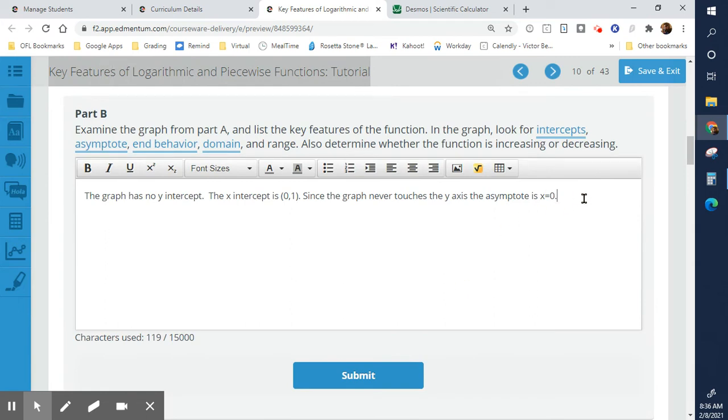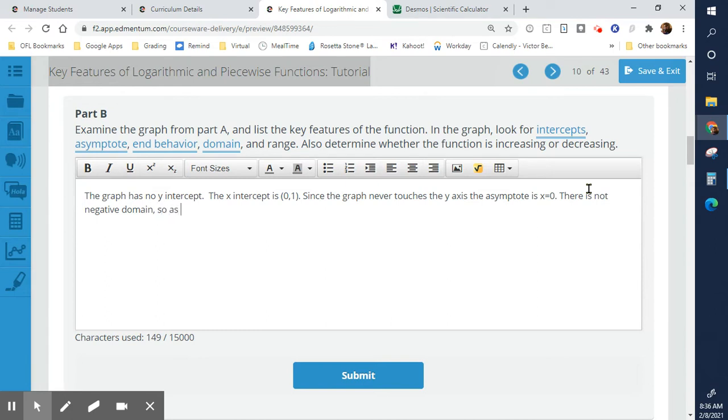End behavior. There is no negative domain. So the x value is never negative.